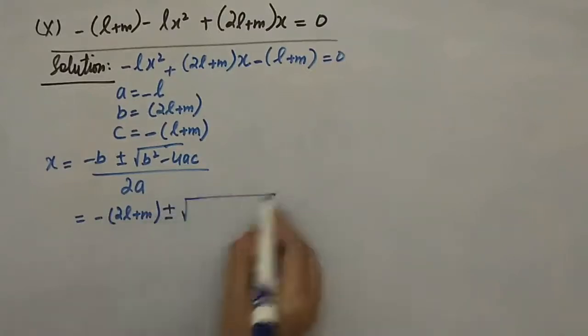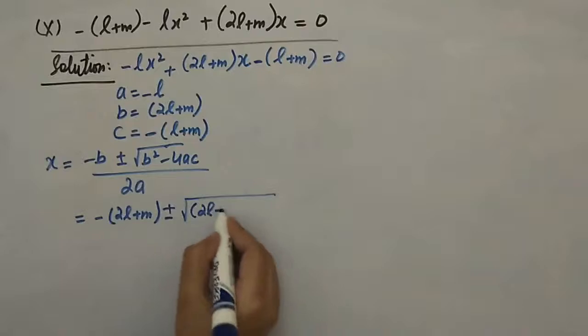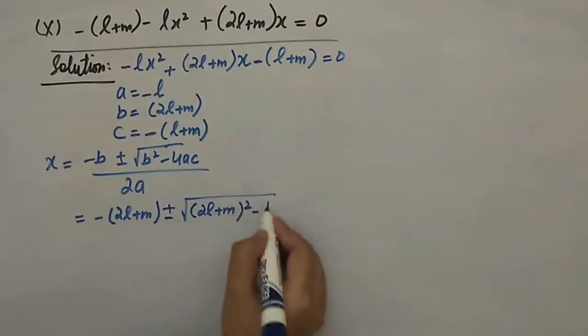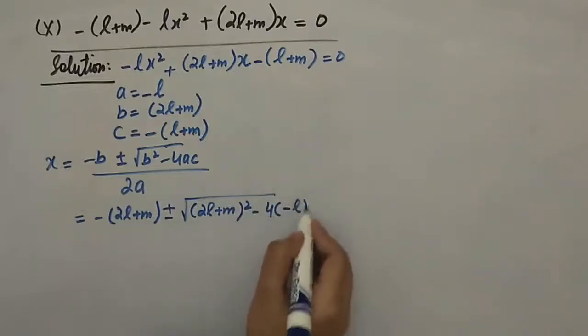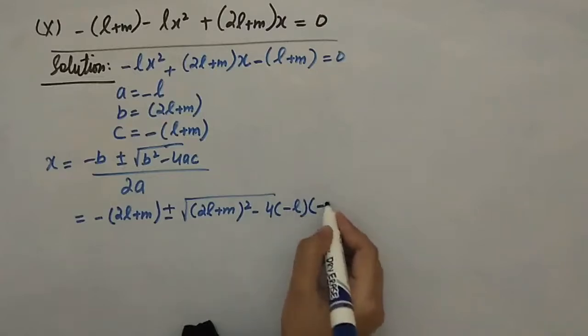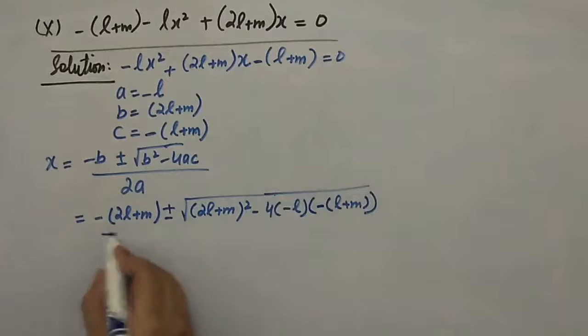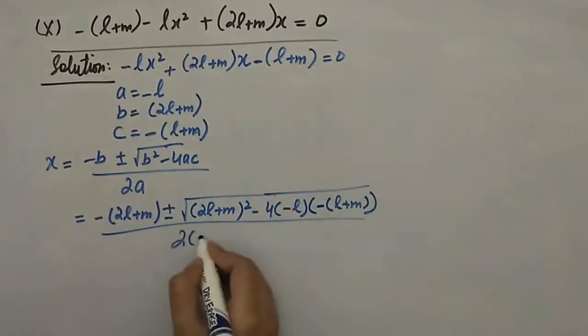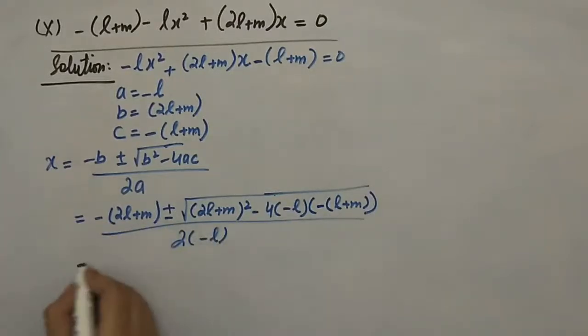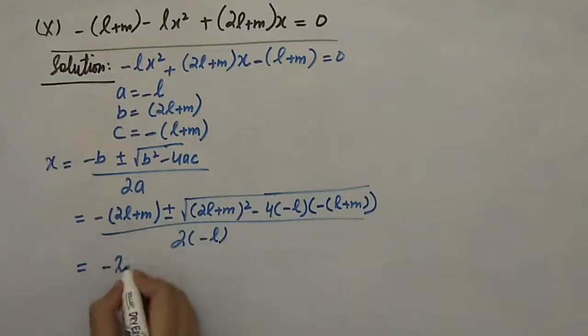Plus minus b square, 2l plus m square, minus 4a. What is a? Minus l. What is c? Minus l plus m. This is c, over 2a. What is a? Minus l. Clear? So minus 2l minus m. Okay.